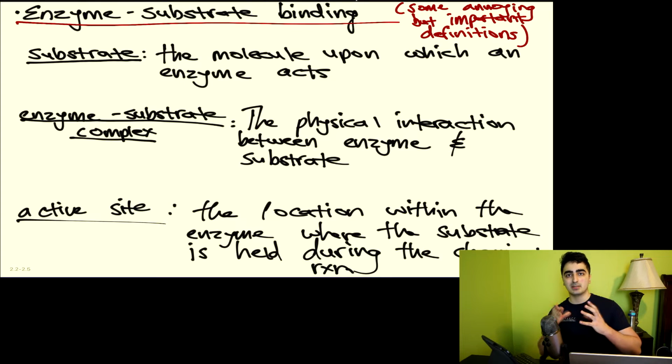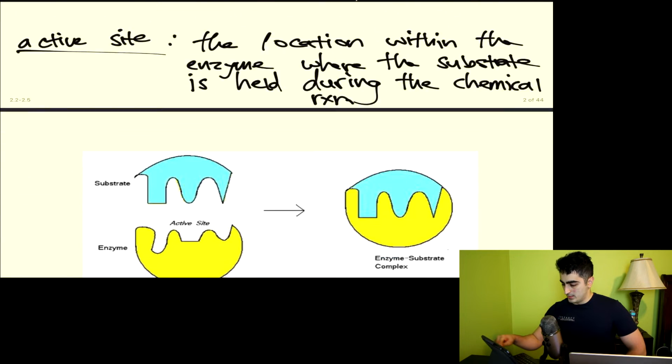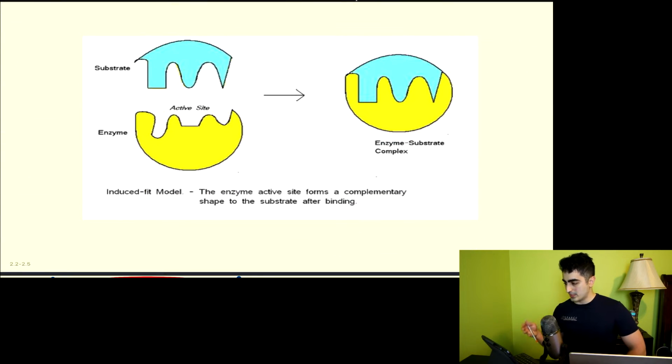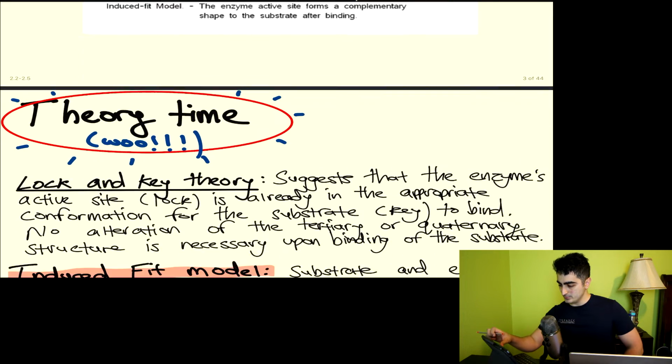The conformation of the enzyme can be changed by inhibitors or activators that can change the availability of the active site for the enzyme to act on the substrate. So here, just a quick image. Here we have a substrate, we have an enzyme, we have an enzyme substrate complex. So on the next slide, we're probably going to talk about the induced fit model and the lock and key model. It'll all make sense when we talk about it.